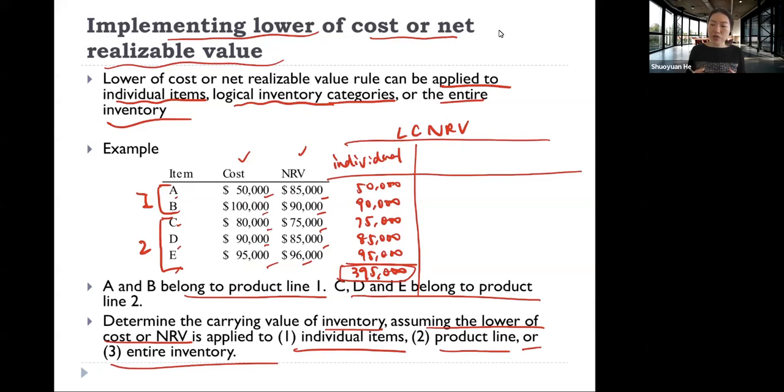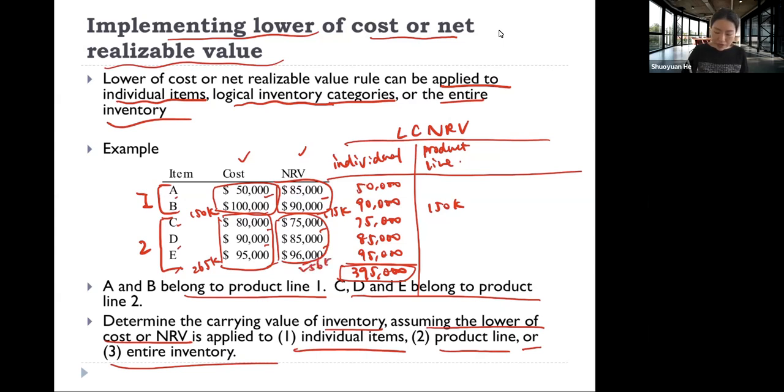The second way we can do it is by product line. So for product line 1, the cost is 150,000. The net realizable value is 175,000. So which one is lower? 150,000, right? And then for product line 2, the cost is 265,000. The net realizable value is 256,000.